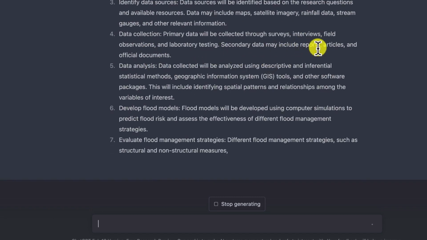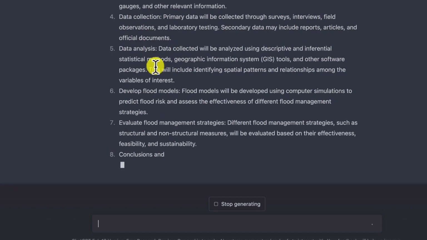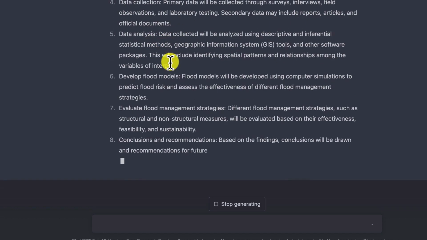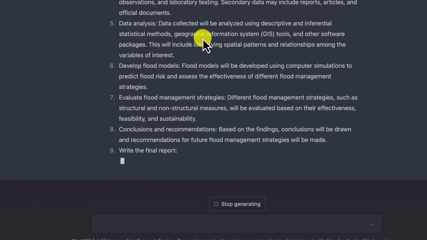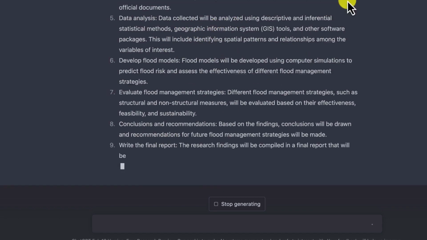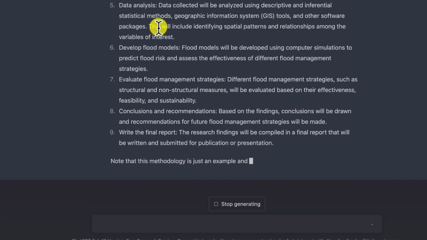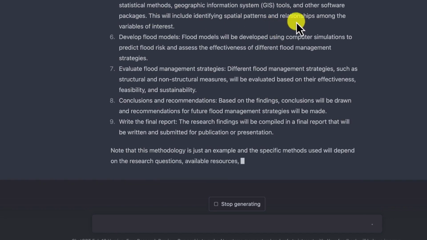Secondary data may include reports, articles, and official documents. And then we can have data analysis, how you're going to analyze the data. Data collected will be analyzed using descriptive and inferential statistical methods, geographic information systems, and other software packages. This will include identifying spatial patterns and relationships among the variables of interest.